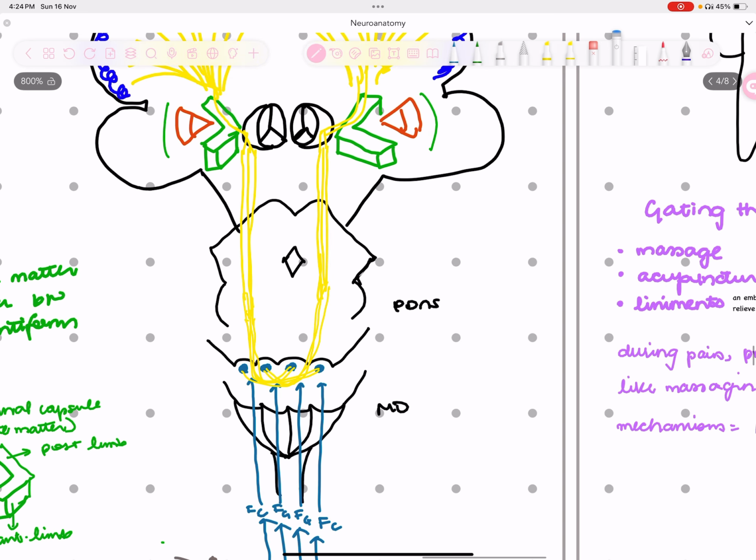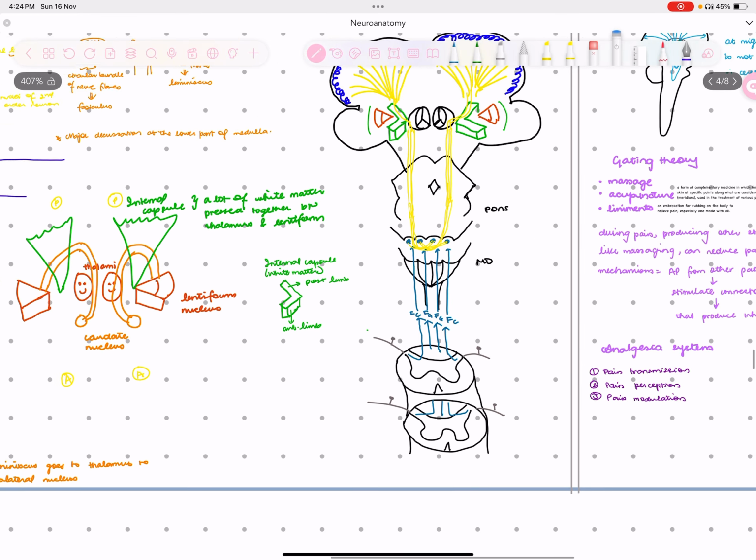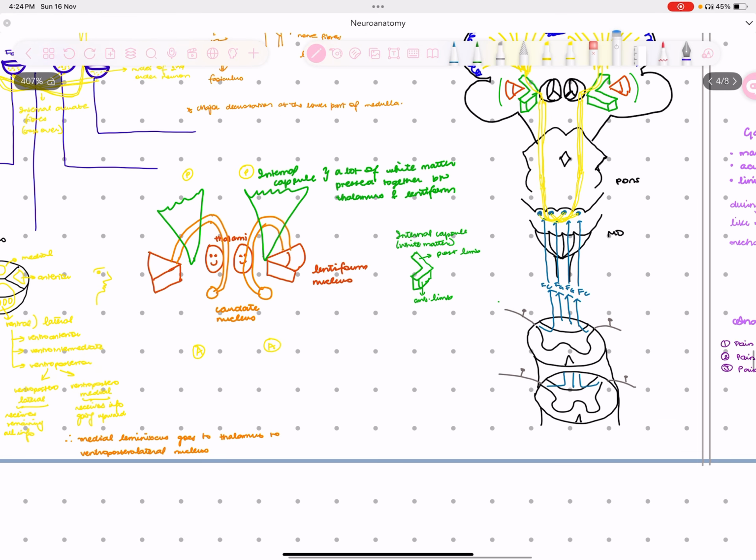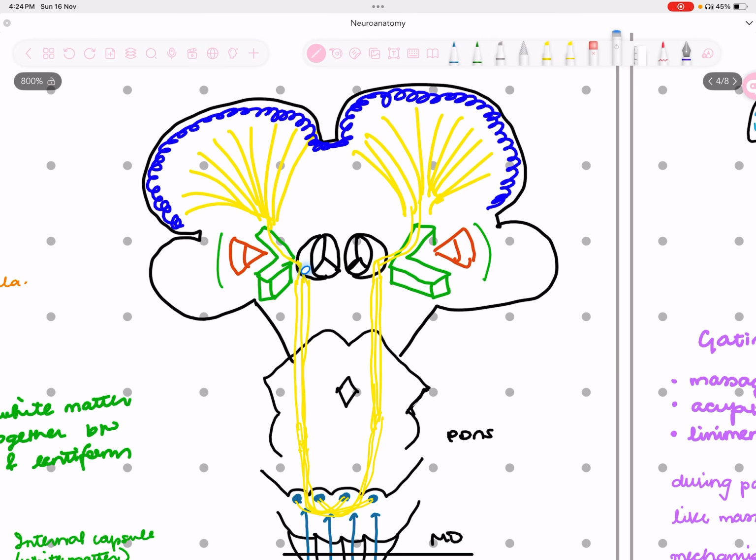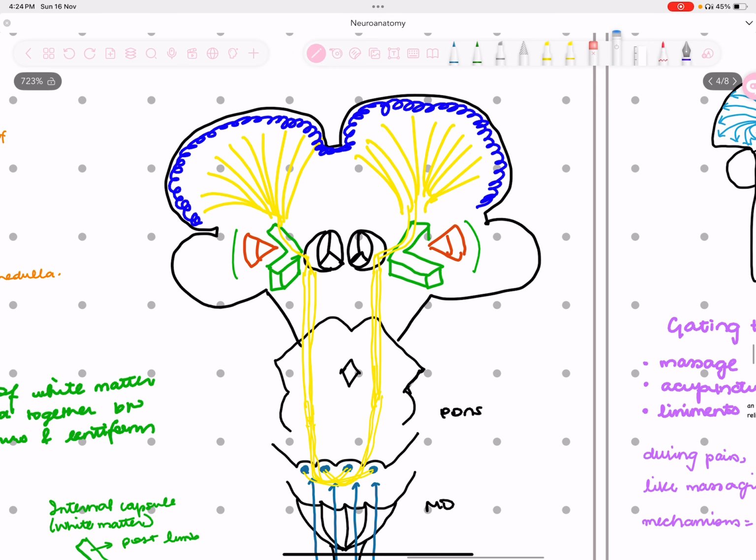This medial lemniscus system goes to the ventro-postero-lateral nucleus of your thalamus, then to the posterior limb, and from the posterior limb these fibers fan out and pass into the cerebral cortex.